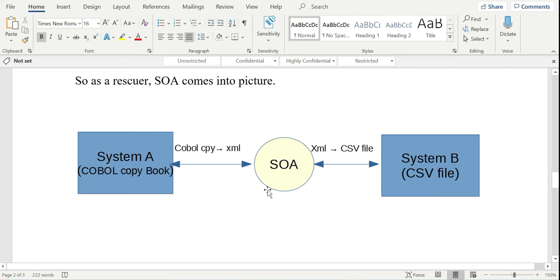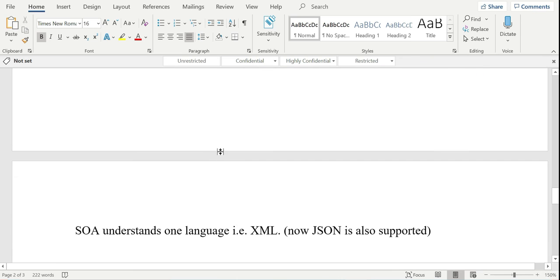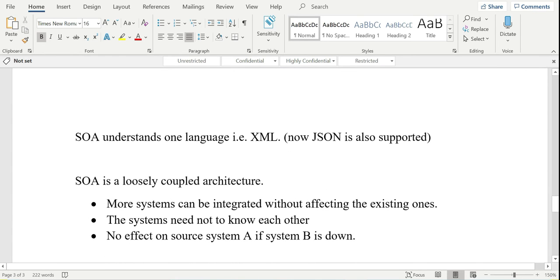SOA. As I already said, SOA understands only one language, the XML, but nowadays JSON is also supported for some REST adapters, REST transactions that I will be covering later in this tutorial session.